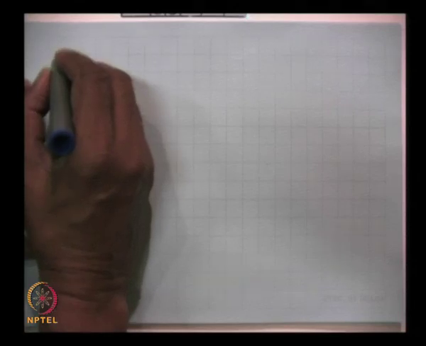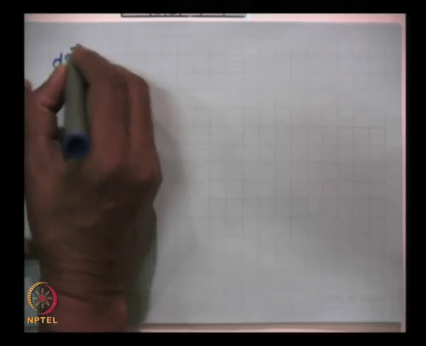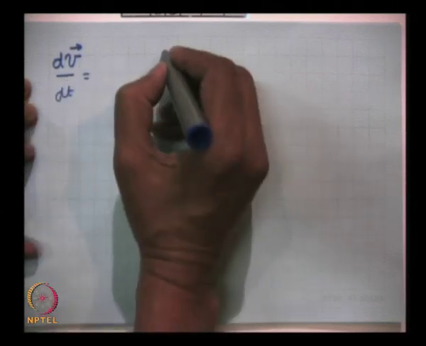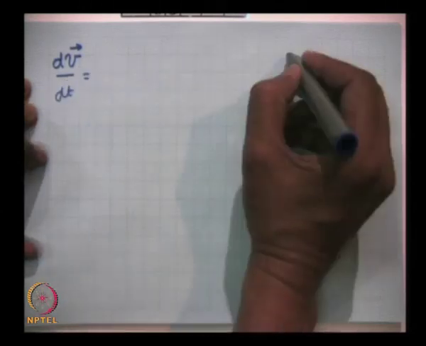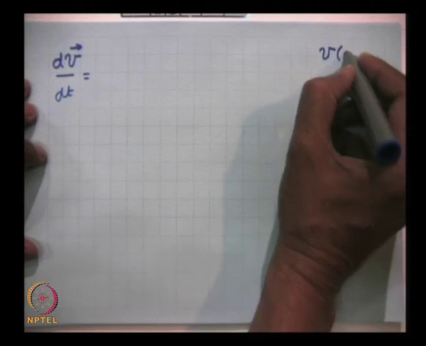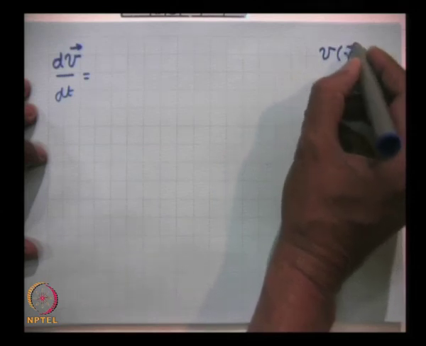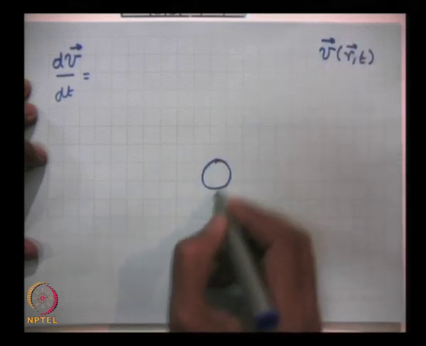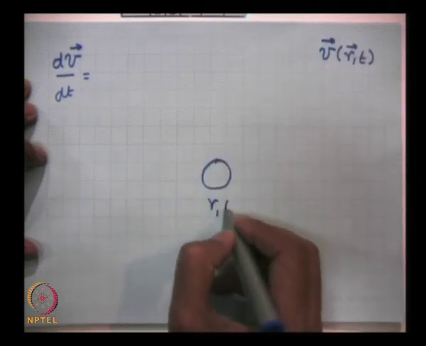Now, total time derivative implies that if you are obtaining dV by dt, then what should you do? Measure the velocity of an electron at r position at time t. Suppose this is my volume element, located at r, t.